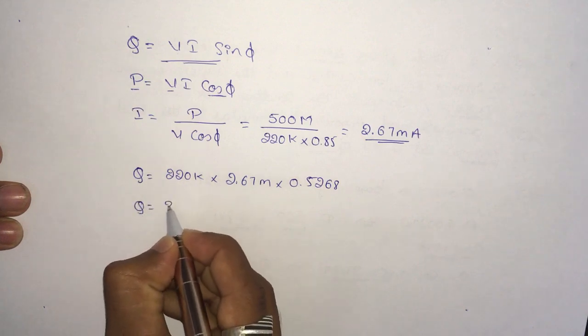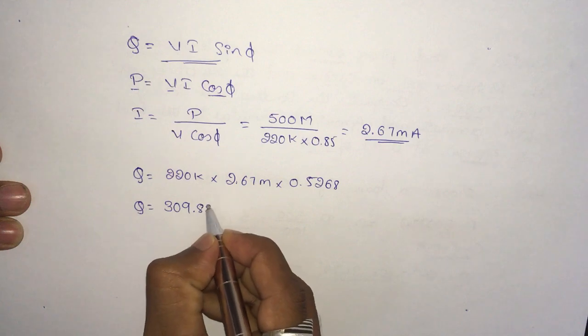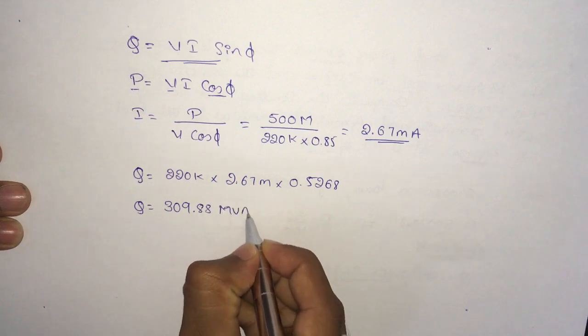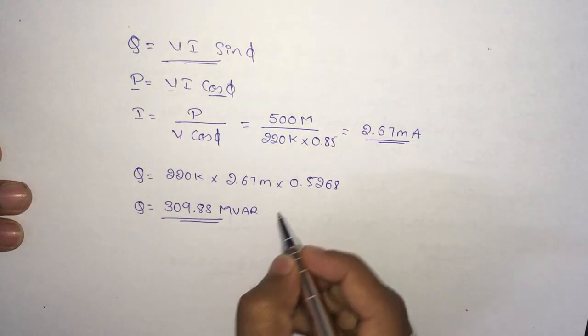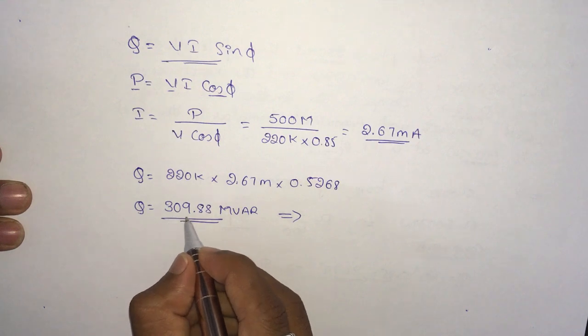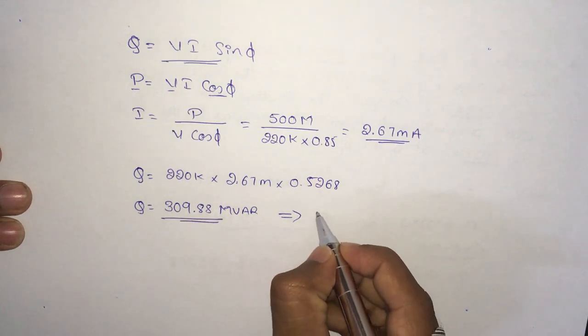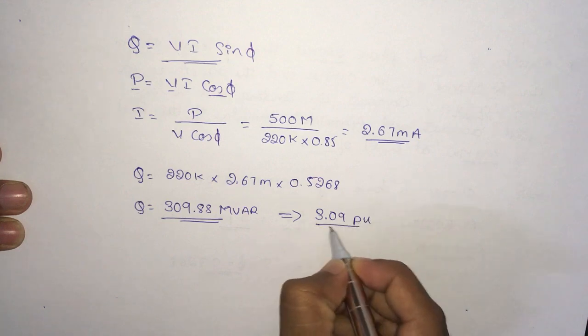Now Q is equal to 309.88 MVAR. This is the actual value. If you convert it into per unit, 309.88 divided by 100 leads to 3.09 per unit.